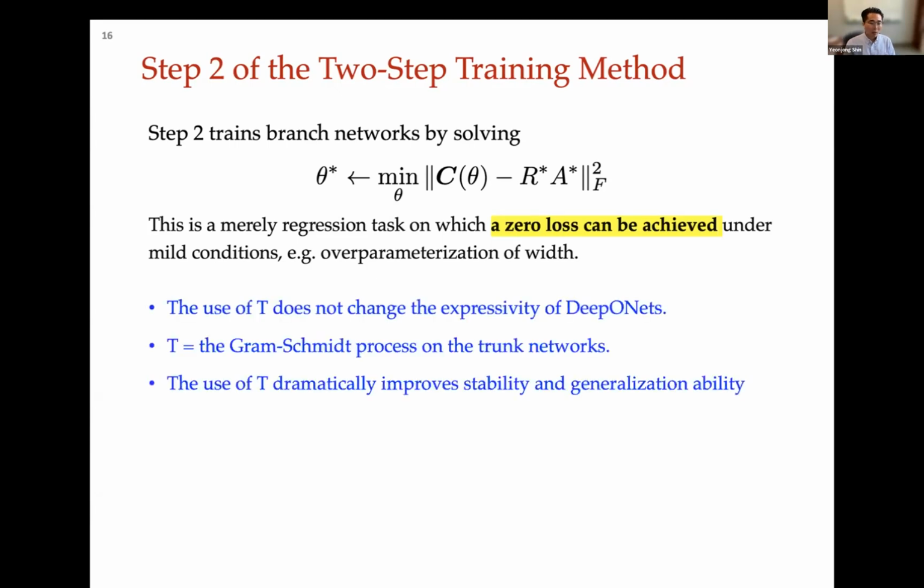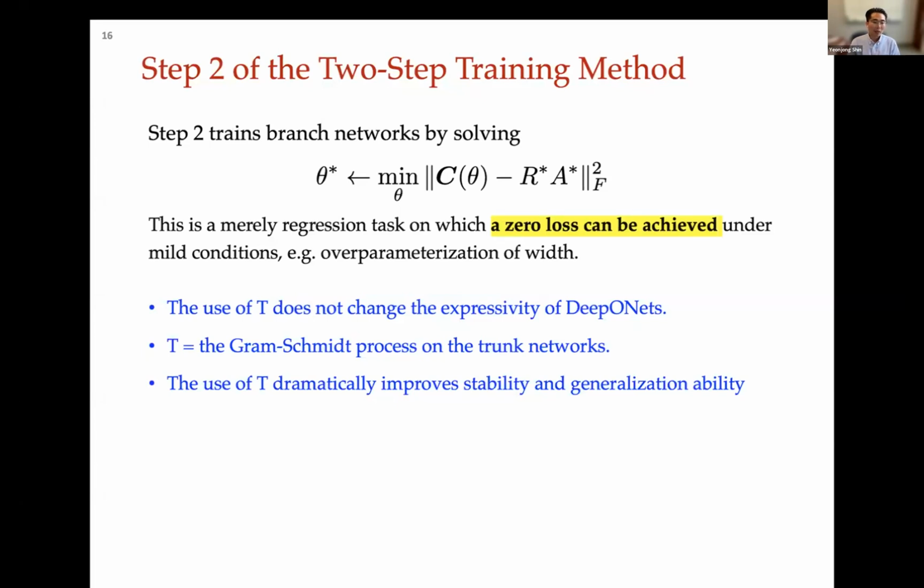Here is some remark on the use of T. The use of T does not change the expressivity of the DeepONet, because if you think about the feed-forward neural network used for the trunk network, the last layer is just multiplied by another matrix T. That doesn't change the expressivity that DeepONet already has.